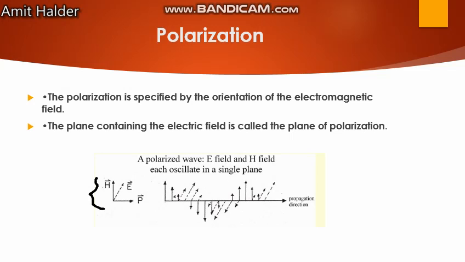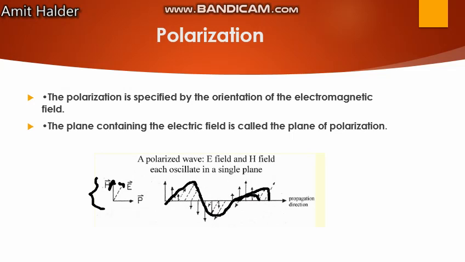A polarized wave, E field and H field, each oscillate in a single plane. Just look at it. If there is a magnetic field here, there is an electric field here, and this electric field is like a sinusoidal waveform, cosinusoidal waveform, like that.